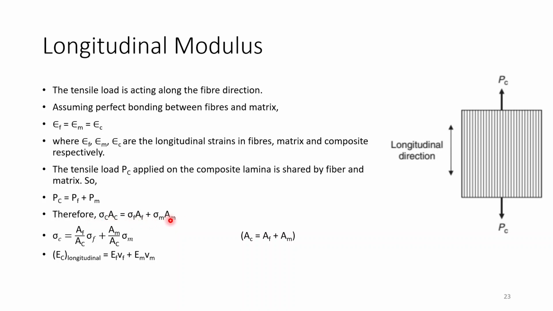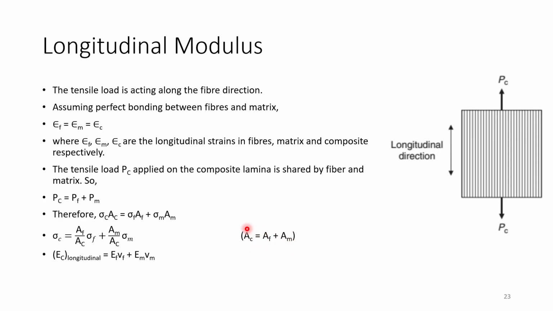Now in this equation, you take AC to this side, then AF upon AC, AM upon AC you will be getting as multiples. As you know, area of composite will be equal to area of fiber plus area of matrix.